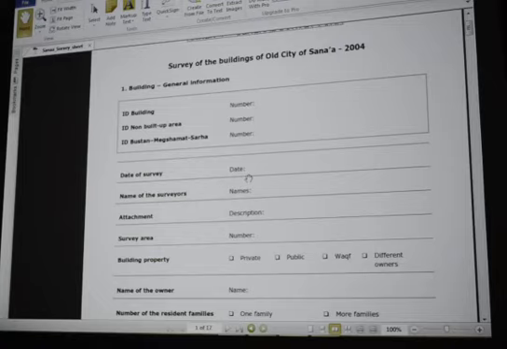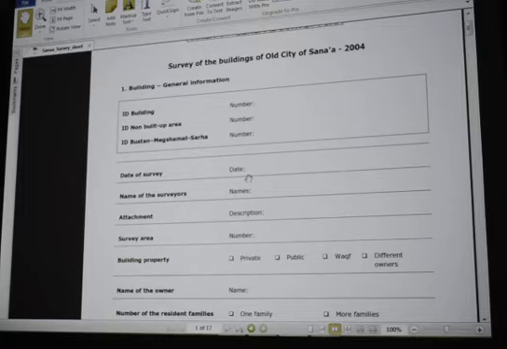This is clear. So in order to make this connection, any building has to have a number or a name, as you like. Normally the name of the building is given by a series of numbers and letters. You remember we have divided all Sana'a in 12 or 15, I don't remember, parts, quarters, areas, or whatever.